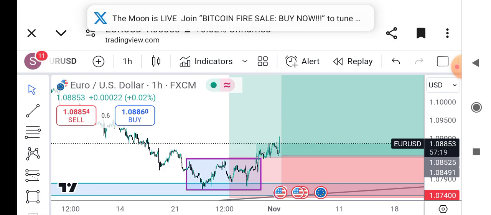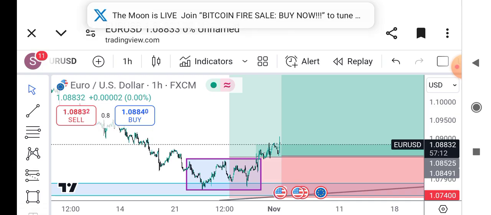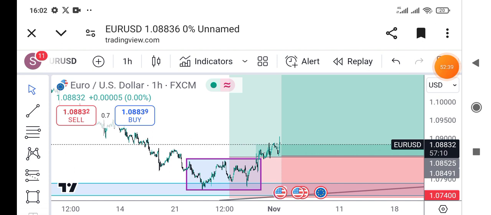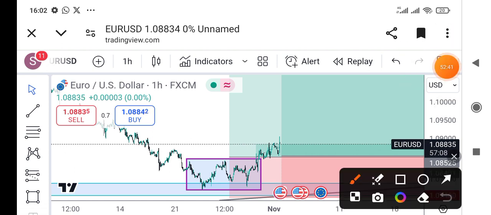What has our market formed? Our price has formed a W. You see, it came, then it broke.